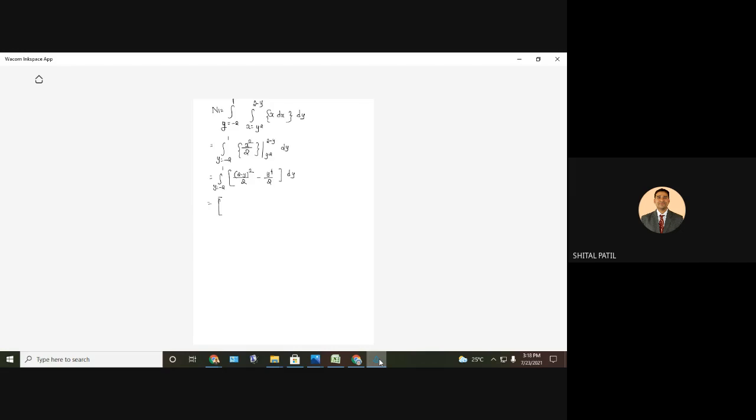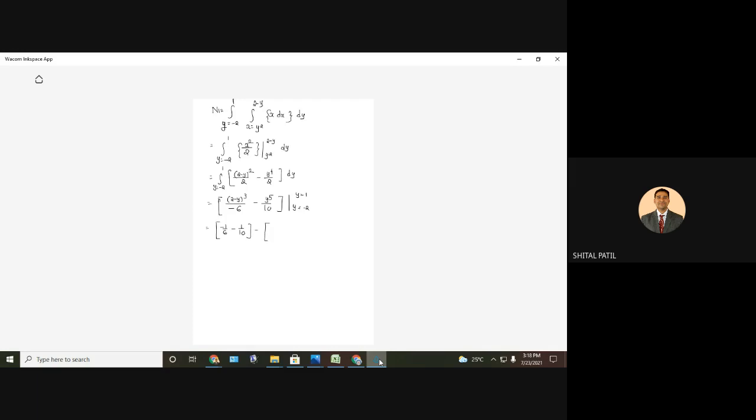Integration with respect to y now. 2 minus y cube divided by minus 3, minus 6. Upper limit 1. 2 minus 1 is 1. Minus 1 upon 6. Minus 1 upon 10.